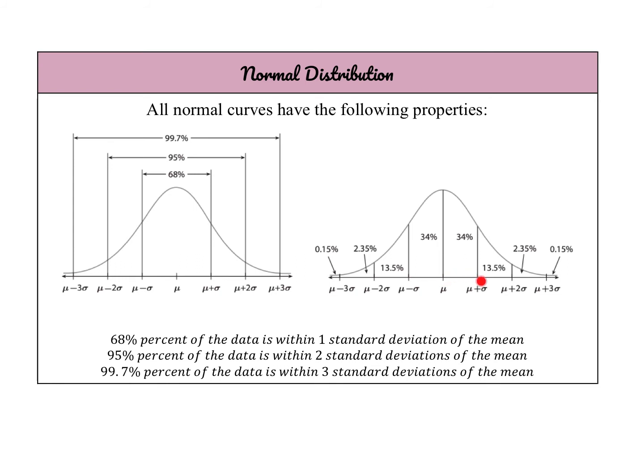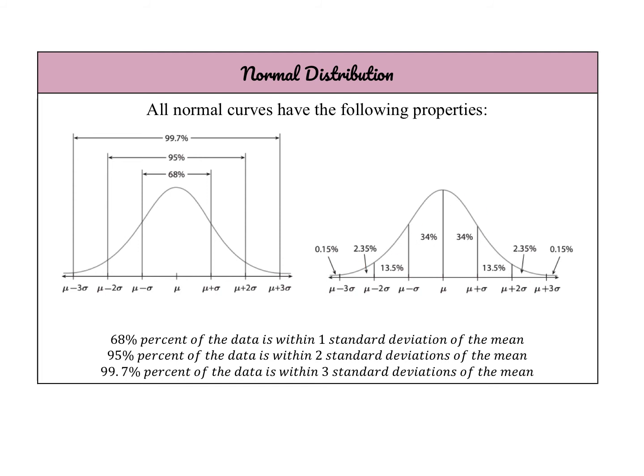If you go 1 standard deviation to the right or left, that will always encompass 68% of your data. So 34% to the right, 34% to the left. And that's for all data that follows a normal distribution.